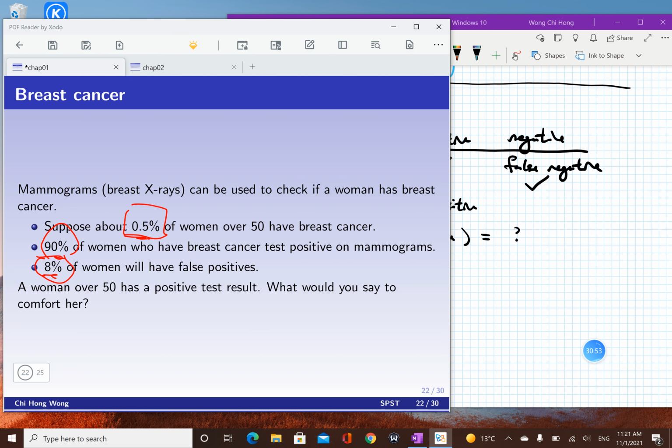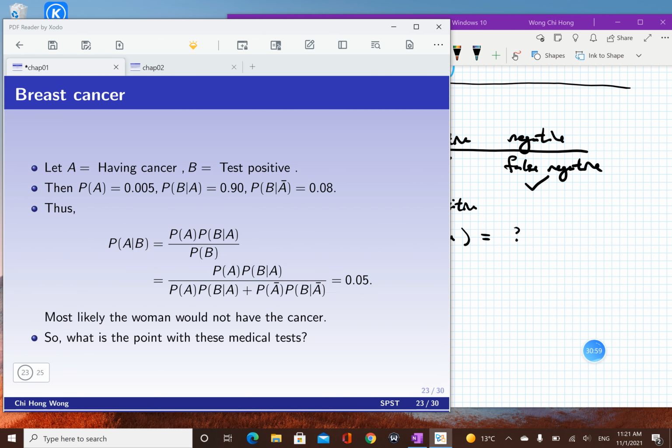What does that mean? If you do get a positive result, what does that mean to you? A similar calculation, just like the one we had for cat allergy, works out a similar value here. I've got 5%. Is 5% a lot? Well, it's not a lot.